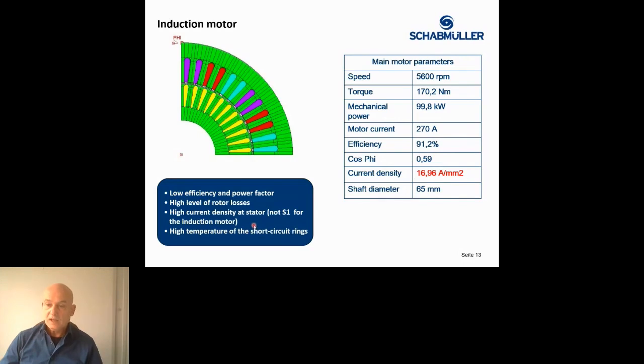That leads to a situation where this machine cannot be operated continuously, type S1. It can be operated, but not continuously. It may work in some applications, but compared to the machine we had been looking at before, the main difference is energy consumption because of the efficiency drop. And of course, it cannot operate continuously.